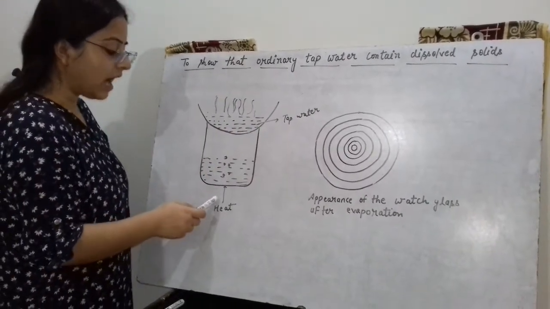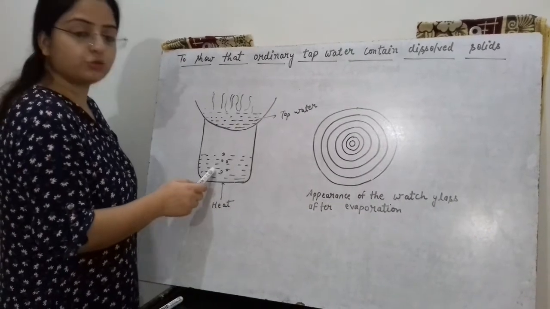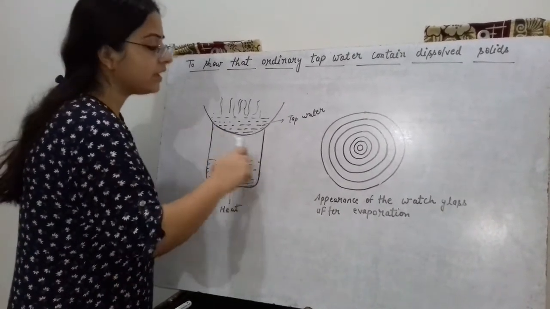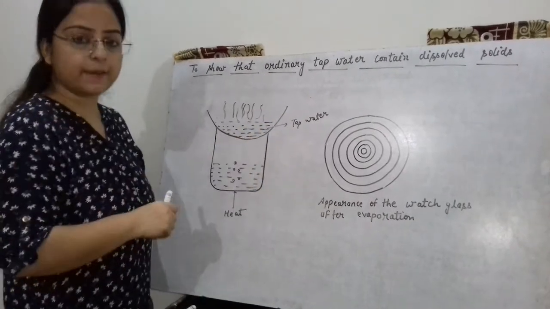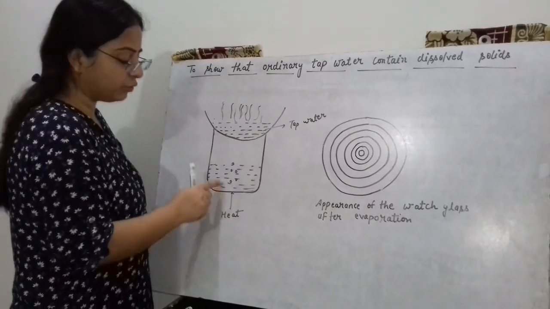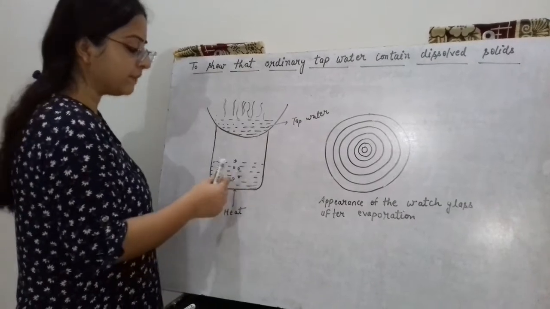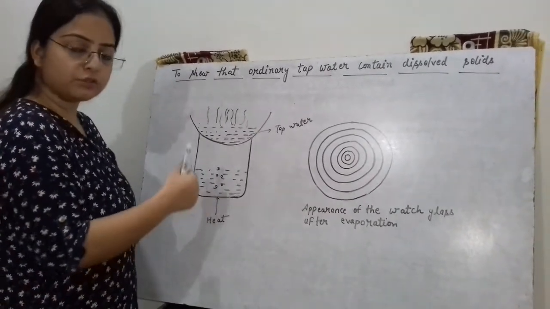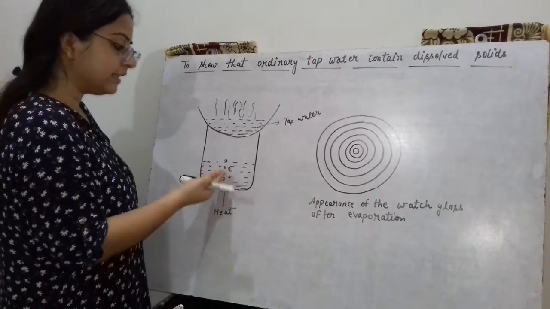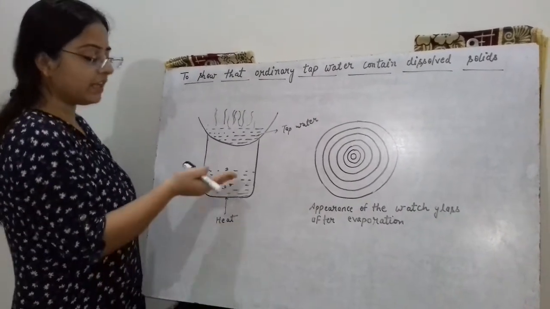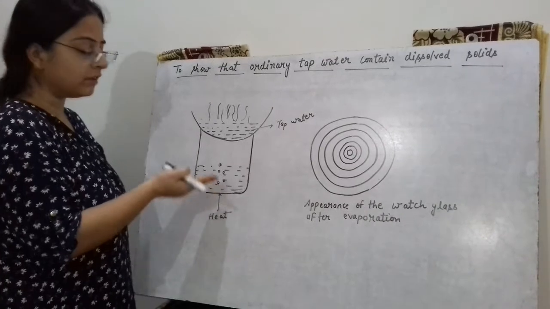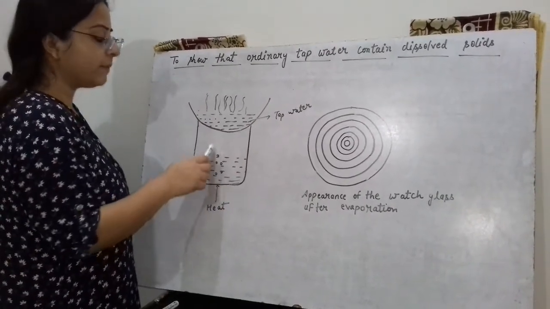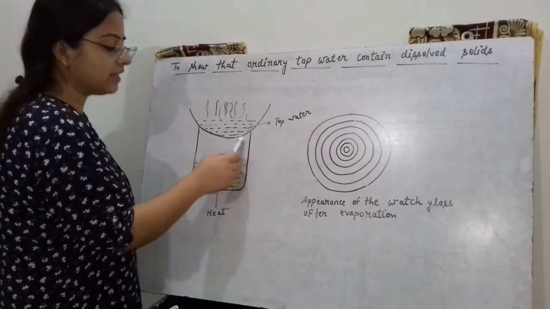Now we will start giving heat to the water which is present in this beaker, over which this tap water containing watch glass is kept. So we are providing heat to this beaker. As heat is provided, the kinetic energy of the water molecules will increase, and as a result, when heat is provided continuously, the evaporation of water will take place and these water vapors will strike this watch glass.